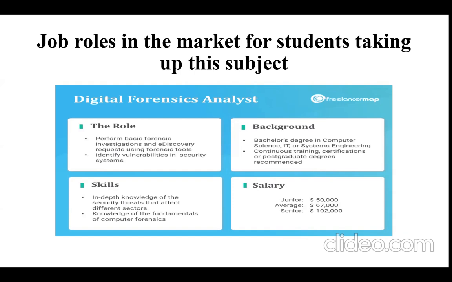The background required is a bachelor's degree in computer science, IT, systems or engineering, with continuous training, certifications, and postgraduate degrees recommended. Skills include in-depth knowledge of the security threats that affect different sectors and knowledge of the fundamentals of computer forensics. You can see the salary package varies for junior level, average employee, and seniors. So this is a very good course for a fresher to take up.